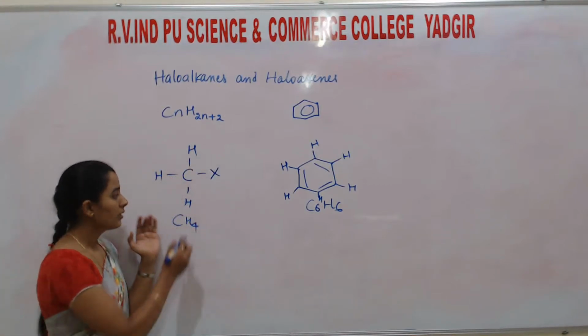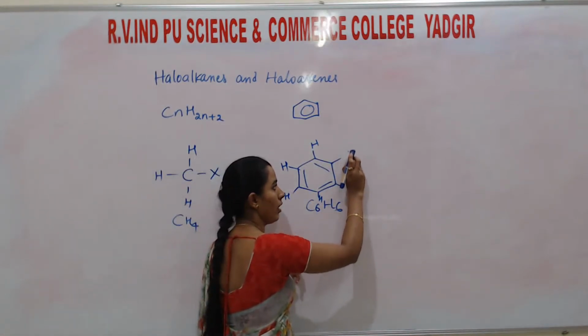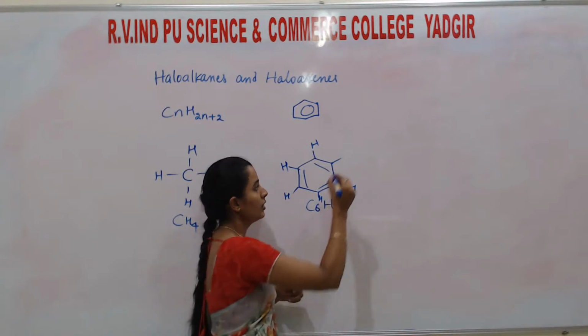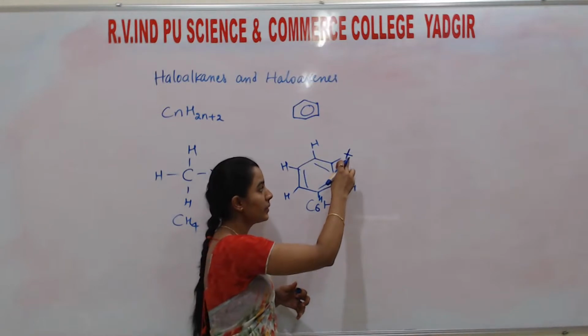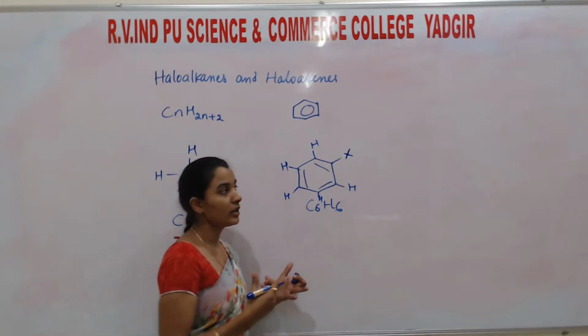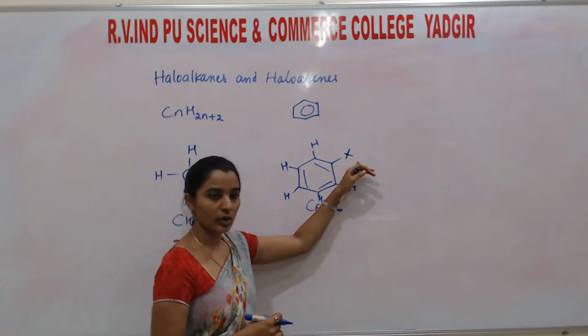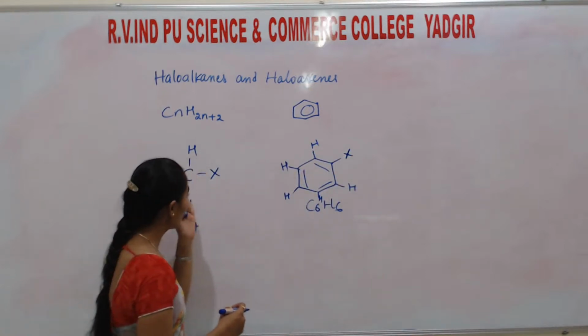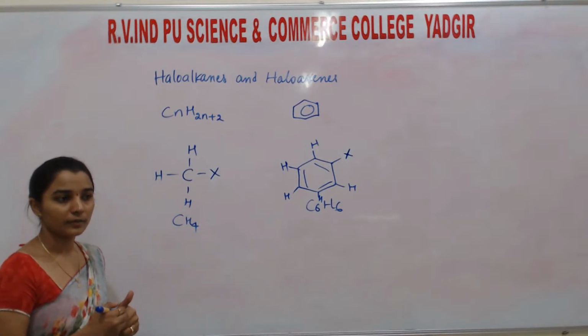If in case this R group is aryl, and any one of the hydrogens of the aryl group is replaced by a halogen atom, then it is said to be a haloarene. If a benzene ring is there, then it is called a haloarene. If an alkyl group, an aliphatic compound, is there, then it is called a haloalkane.